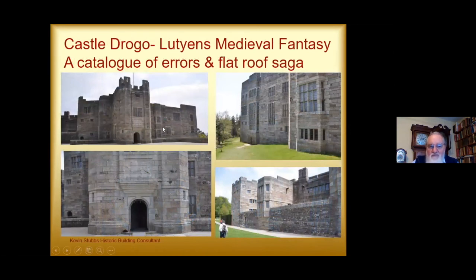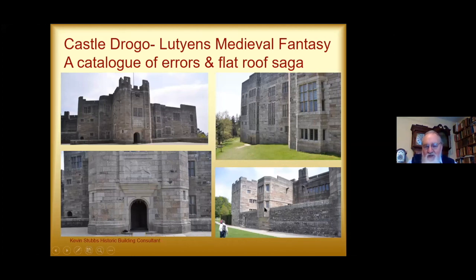Flat roofs, asphalt, again, can be a nightmare on our historic buildings. Castle Drogo, a Lutyens-designed medieval fantasy for a client who had made his money and wanted to show his pedigree, had Lutyens design him a castle.